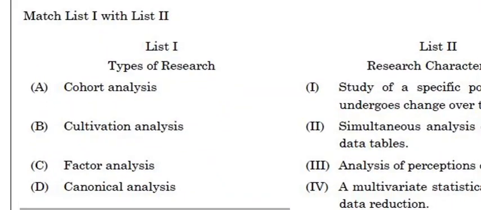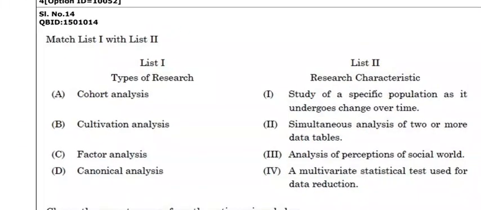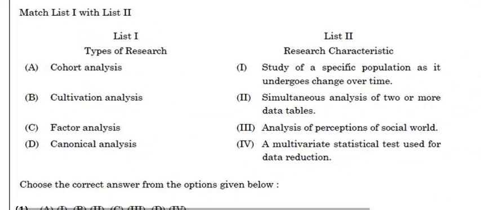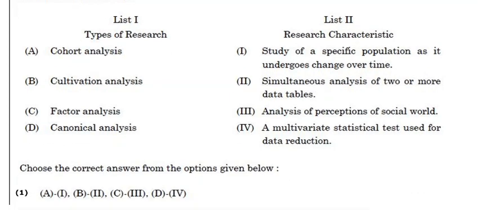Next, number 14. In 14 we have been given a question related to matching list 1 with list 2. In list 1 we have types of research, in list 2 we have research characteristics. I will first read list 1. Cohort analysis, cultivation analysis, factor analysis, canonical analysis.